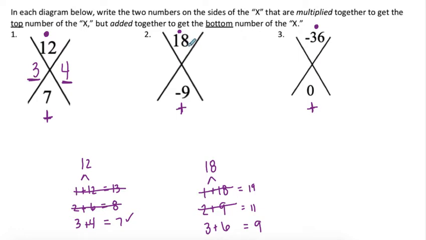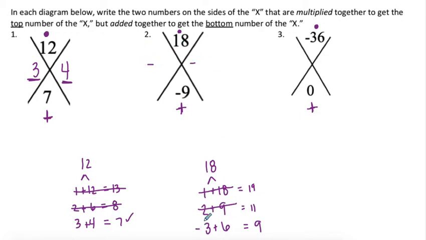So some of these are puzzles where we're trying to figure out what multiplies to a positive but adds to a negative. The only way I can get a positive number is by multiplying a positive and a positive, or a negative and a negative. Notice that if this answer is negative, I need two negatives here.